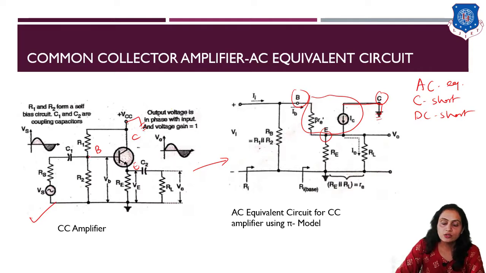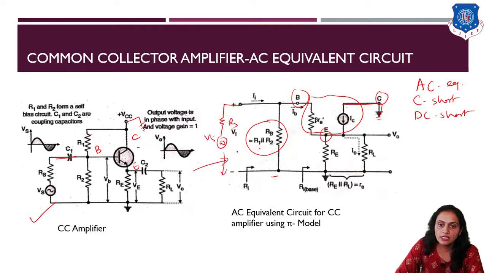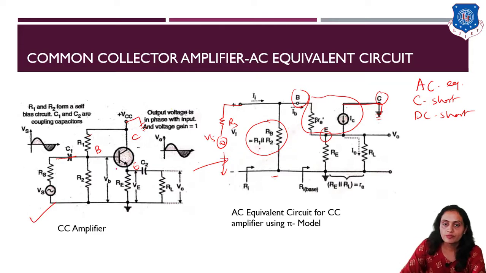Now let us take a look at the base terminal. What happens? This is shorted. So from the base we have R2 shorted and R1 also shorted. Both are in parallel. That's why it is shown from the base that R1 and R2 are both in parallel, being shorted. And then the input is applied over here. Across these two terminals we have RS, and here we have Vs, which is given as the input.